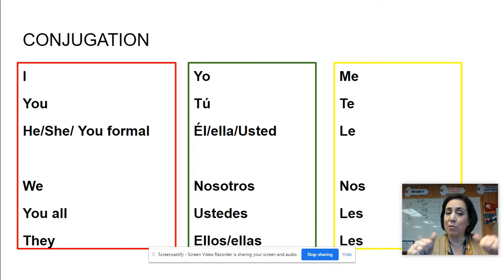And remember, we have motions for those, right? Yo, tú, él, ella, nosotros, ustedes, ellos, and ellas. And we use those for conjugation. Now, let's move to the next slide.